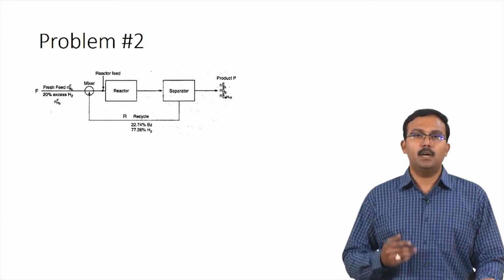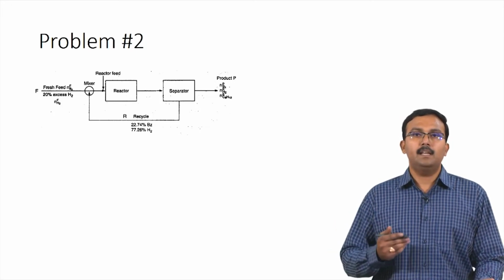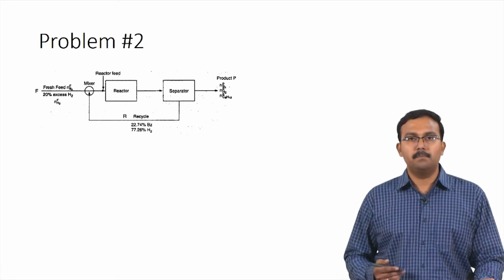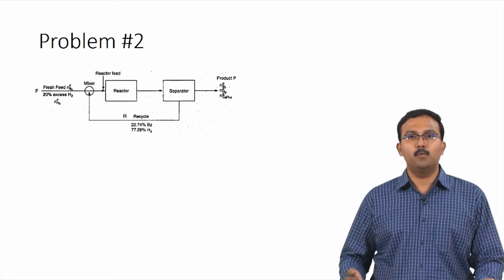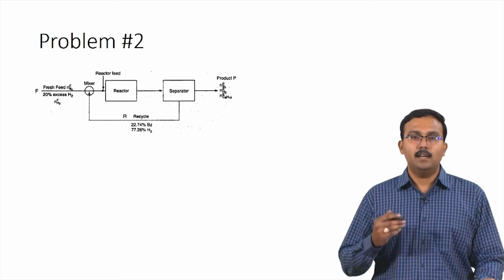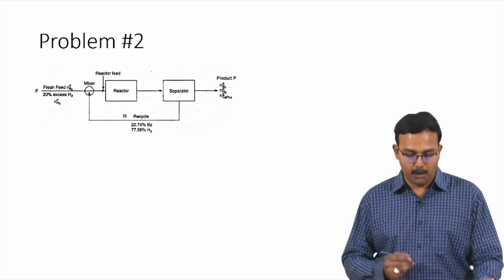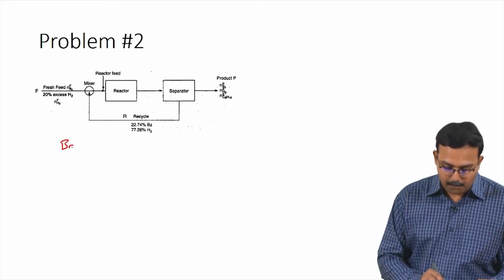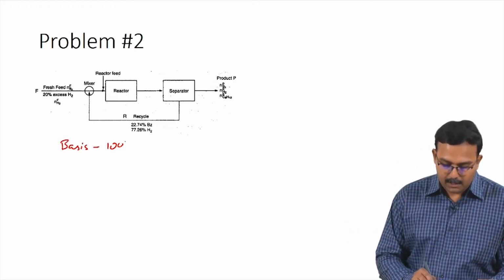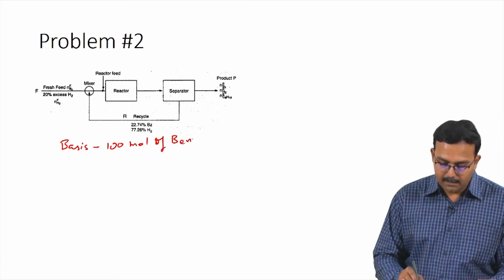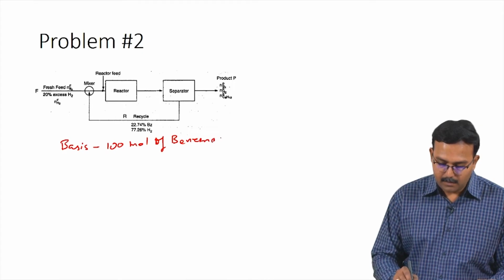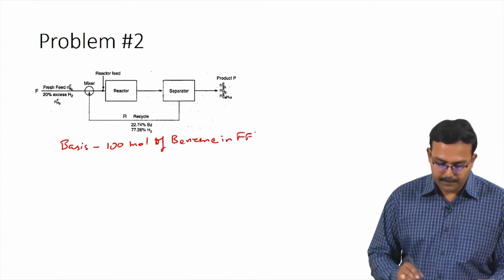If I were to use 100 moles of fresh feed, then I will end up with more cumbersome numbers which can make the calculations a little more tedious. For this reason, I will be using 100 moles of benzene in the fresh feed as the basis for this problem. So, let us start solving the problem. Basis is 100 moles of benzene in fresh feed.